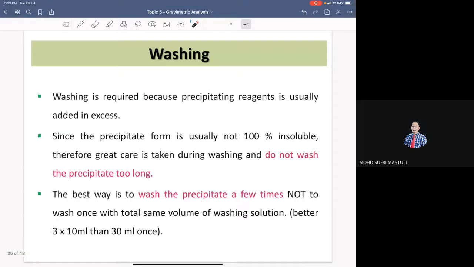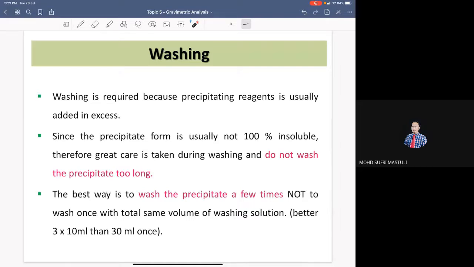So after filtration, of course, the precipitate that we obtain on the filter paper, we have to wash. Washing is required because the precipitating reagent is usually added in excess. In order to precipitate, we add an excess amount of precipitating agent or selective agent.